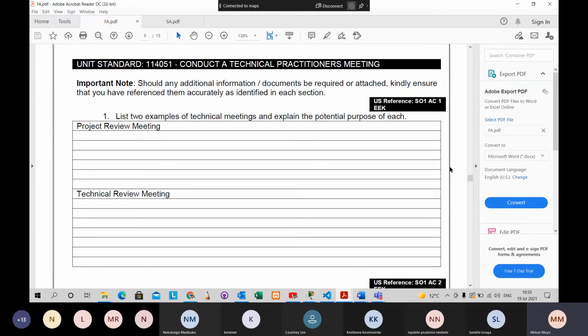So we have the project review meeting, and then we have the technical review meeting. Project review meeting, give an example. Why do you think, what is the potential purpose of this project review meeting?